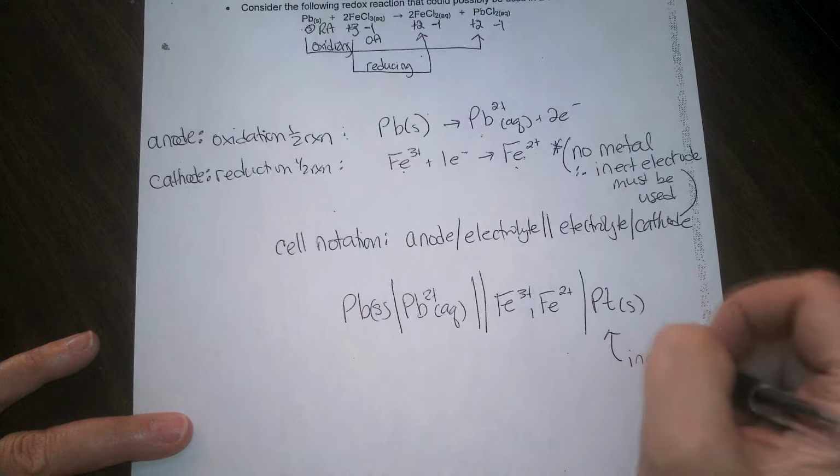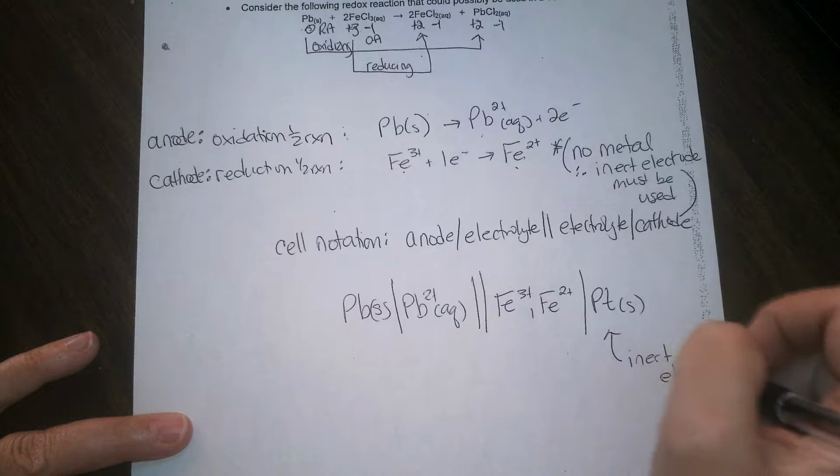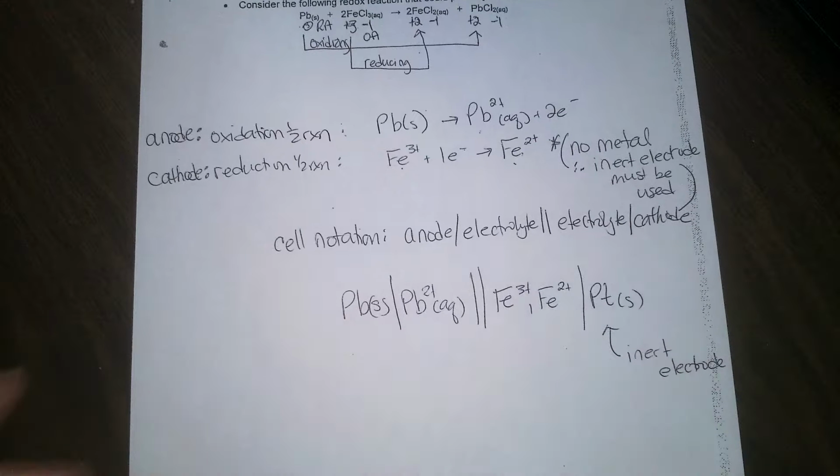This is an inert electrode. Platinum or carbon? Which is cheaper? Carbon. Okay? We will not be cutting off catalytic converters to get the platinum electrode out of vehicles to supply the chem lab. Just saying. We're going to go with the carbon electrodes.